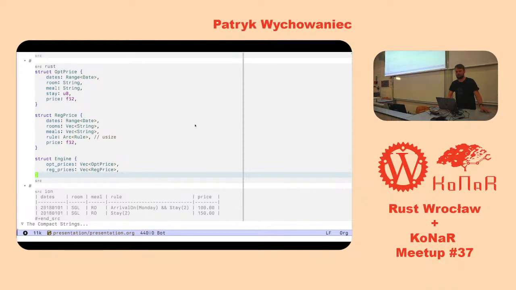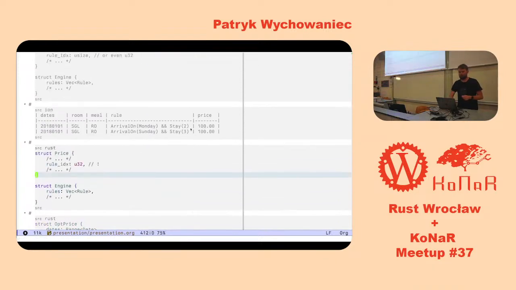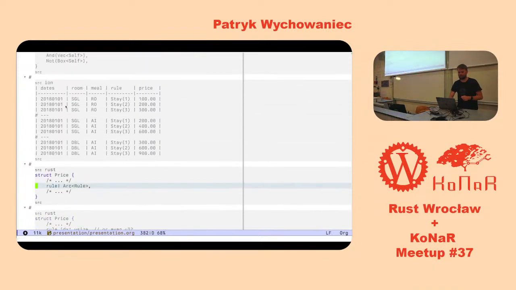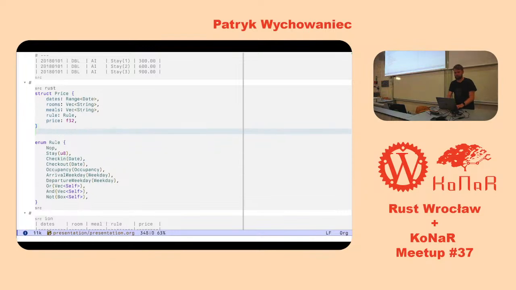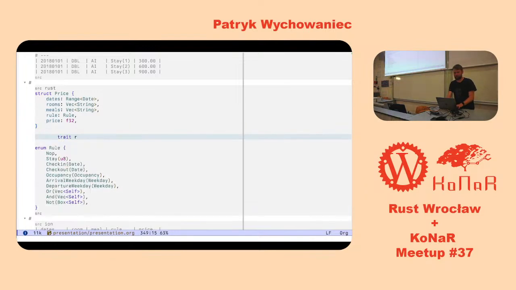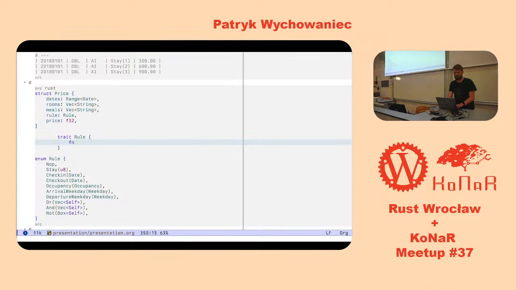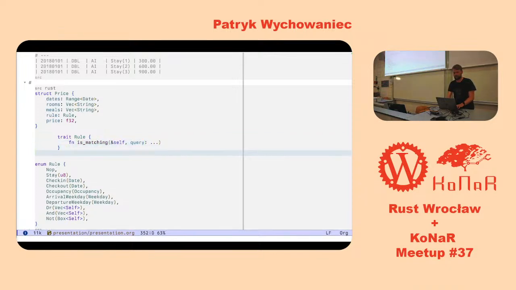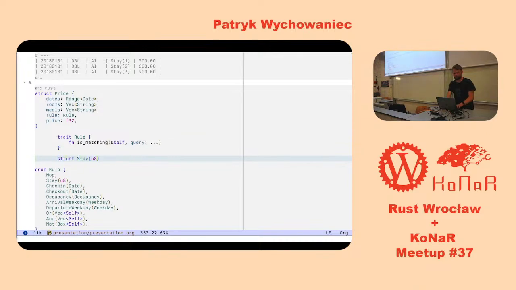Yes, so to rephrase the question: why don't we use a trait Rule instead of a huge enum? We would imagine a trait Rule with some function like is_matching for some query, and then we would do struct Stay and implement Rule for this.